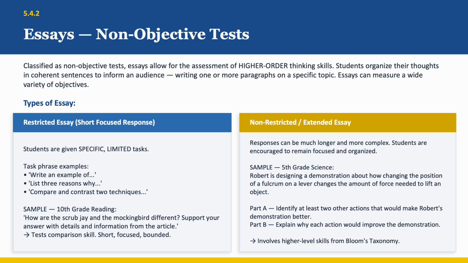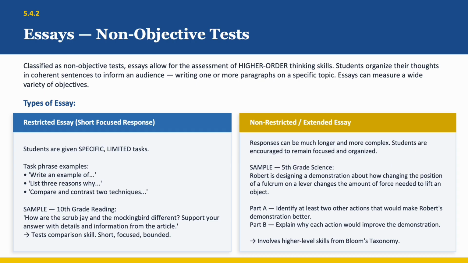Okay, now let's move on to the essays. This is classified as a non-objective test, meaning it is not scored the same way by every teacher. Two teachers can read the same essay and give different grades. That subjectivity is both a strength and a weakness.